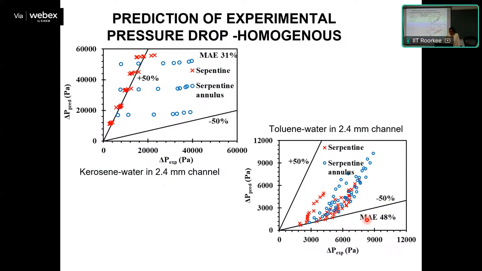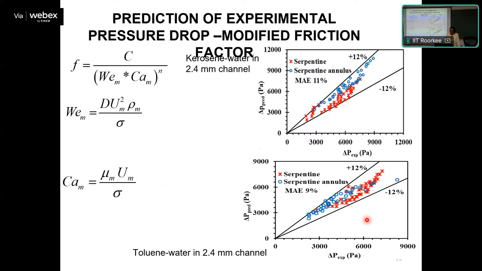Then we tried to modify the friction factor. We tried to figure out if we could express it in terms of Weber and capillary numbers. Of course, similar correlations are reported for air-water in miniature geometries.